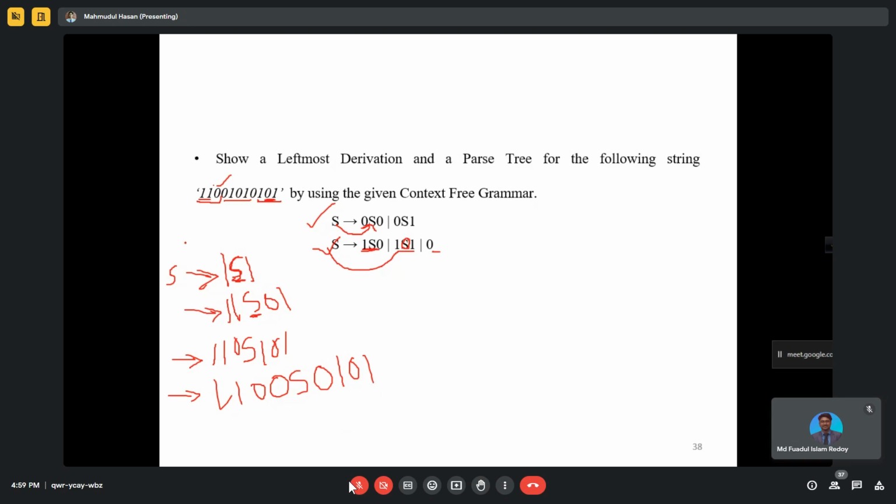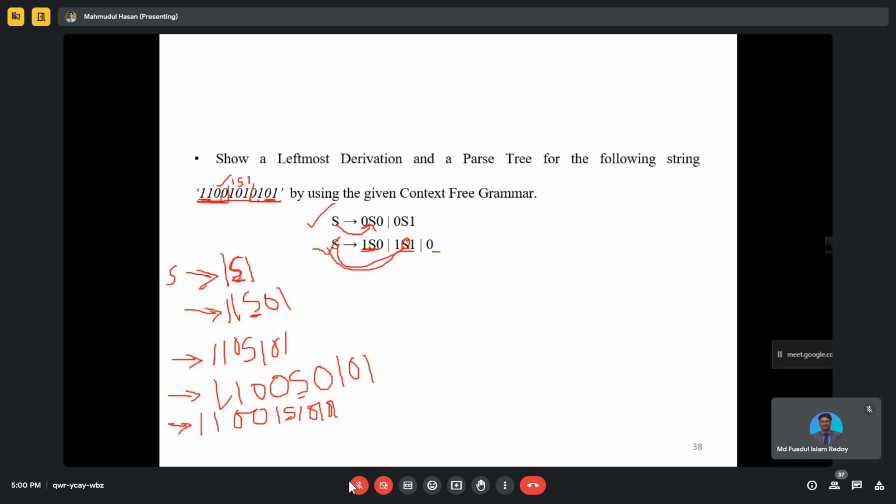That means this part is done. So you have 1 0 1, and you can consider 1S1. So there is S to 1S1. So 1 1 0 0, replace this S with 1S1, 0 1 0 1.